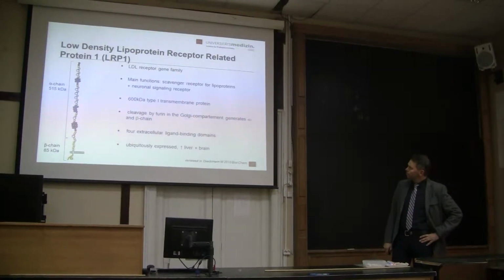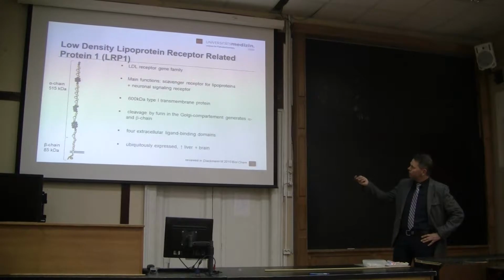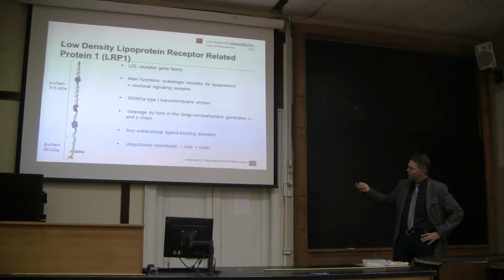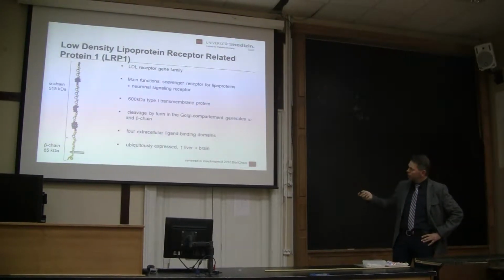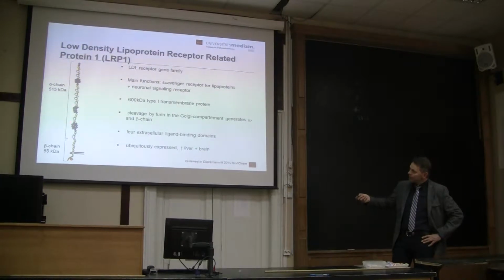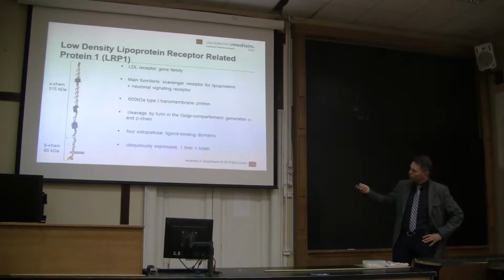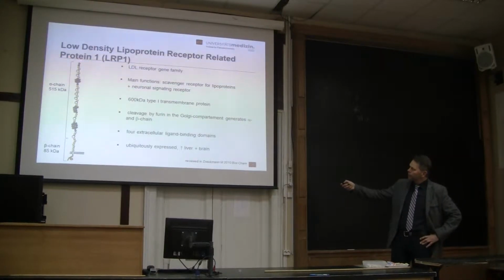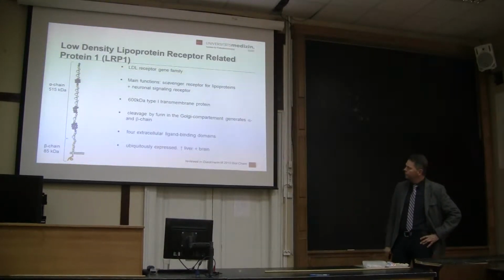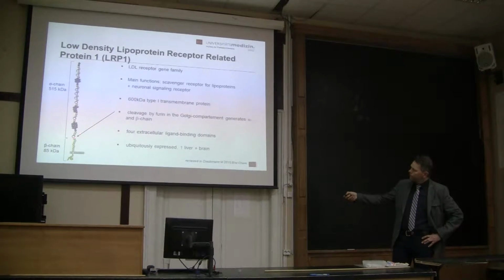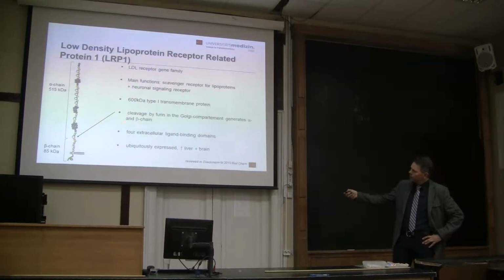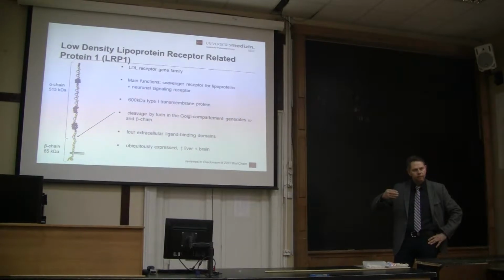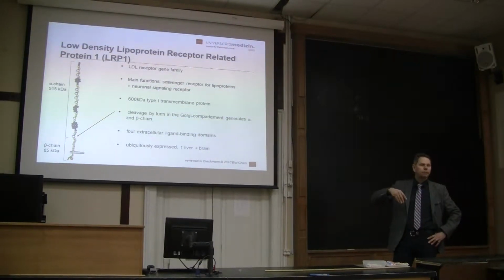It is a kind of scavenger receptor for lipoproteins. It is expressed in neurons as well. It is, like APP, a type 1 transmembrane protein, meaning you have the N terminus extracellular, C terminus intracellular. LRP is generated as a single-chain molecule in the ER, 600 kilodaltons in size.